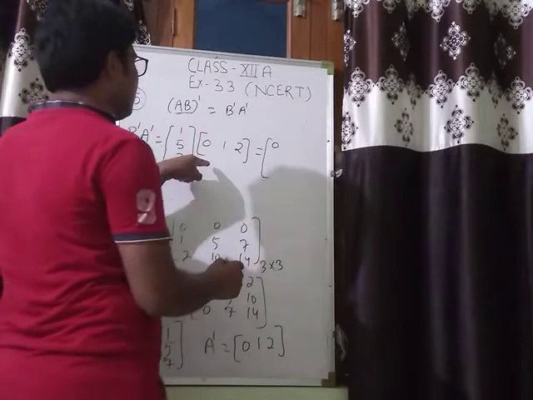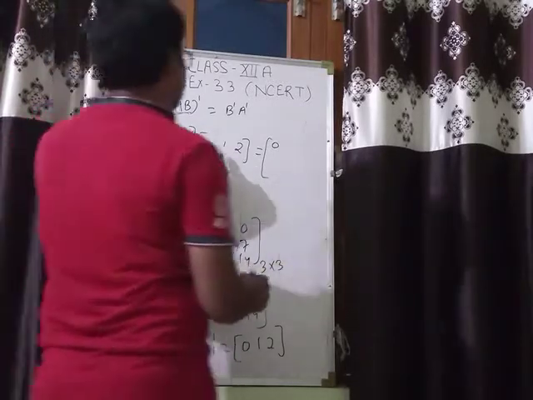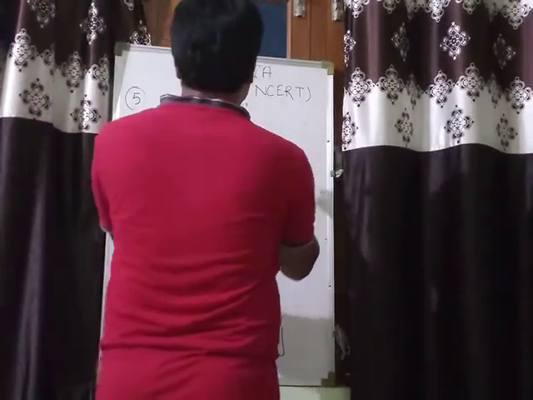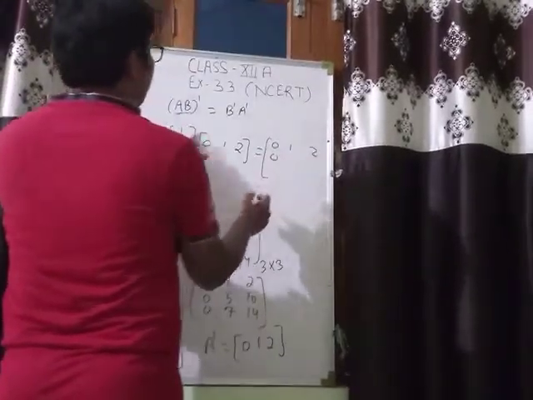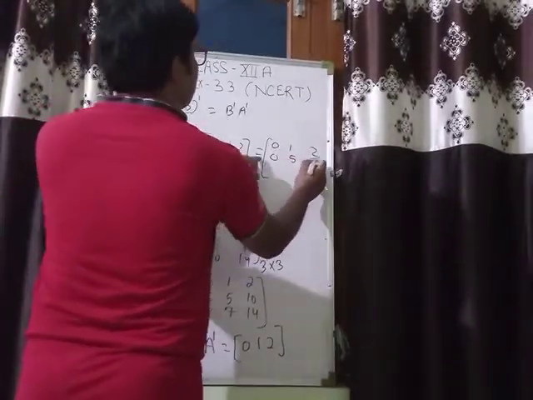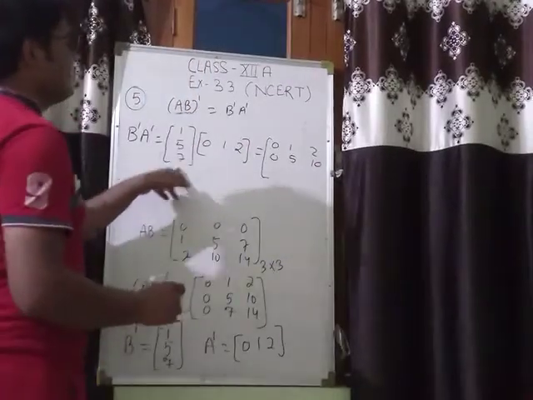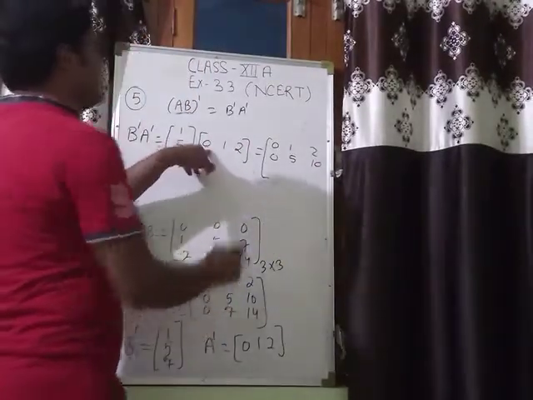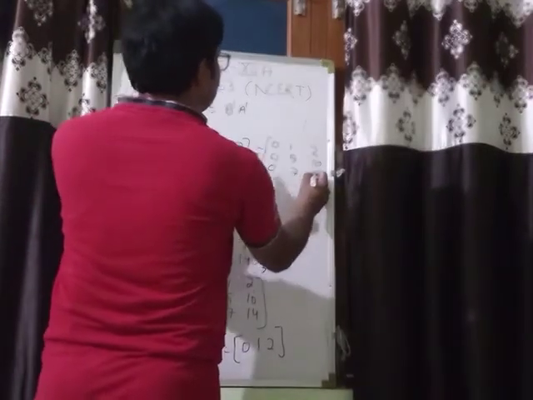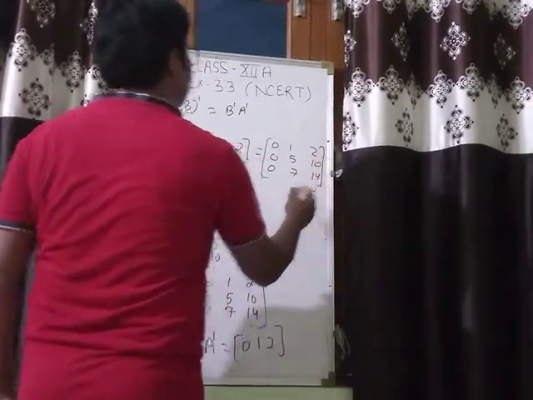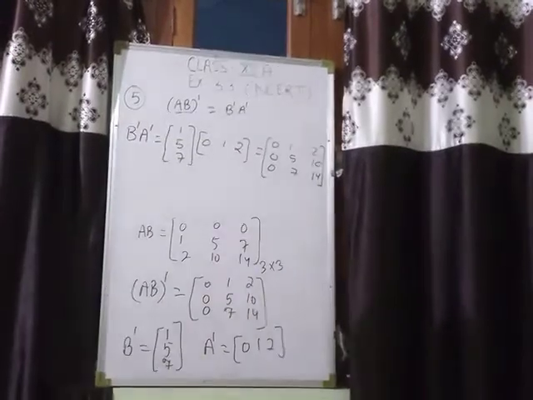First row second column, 1 into 1, 1. 1 into 2, 2. Now second row first column, 5 into 0, 0. 5 into 1, 5. 5 into 2, 10. Now third row first column, 7 into 0, 0. Third row second column, 7 into 1, 7, and 7 into 2, 14. Okay. So that is B transpose into A transpose.